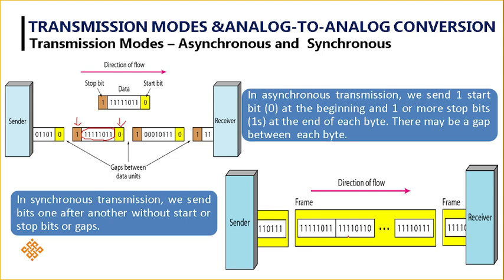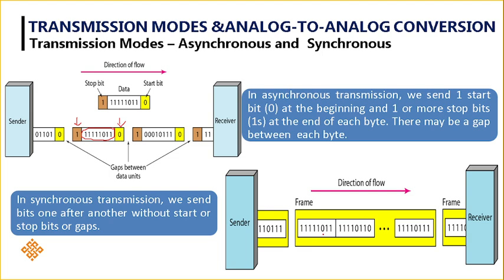That's why we need not add any extra bits to the bytes. The main drawback of asynchronous transmission is more memory utilization, as we are adding extra bits for each and every byte. That memory wastage is not there in synchronous transmission.